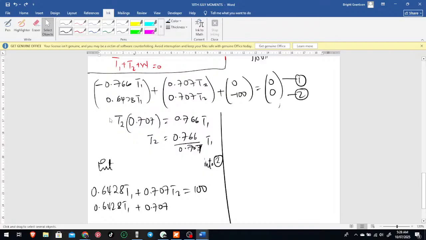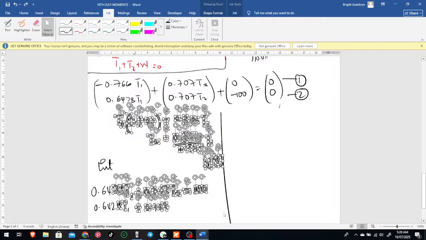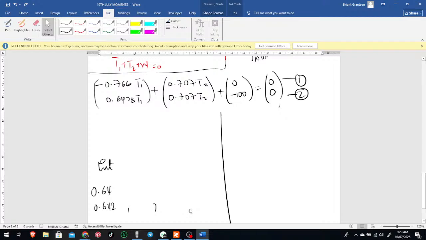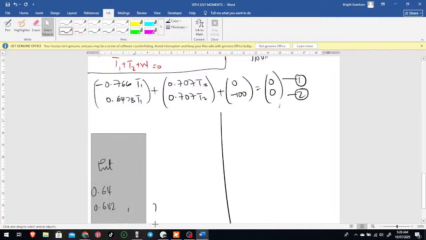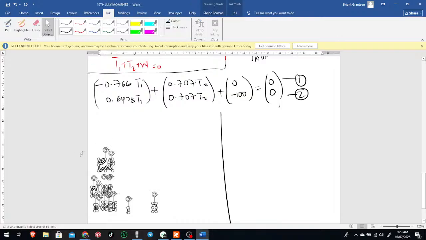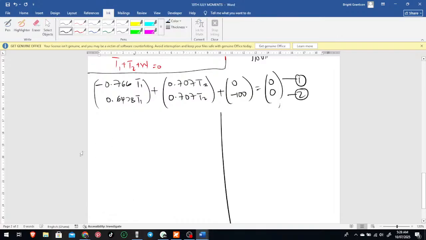How do I delete these things? So let's use elimination.